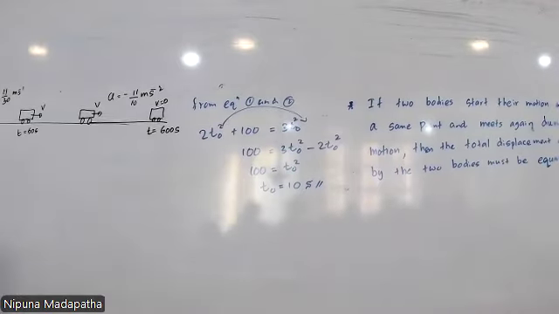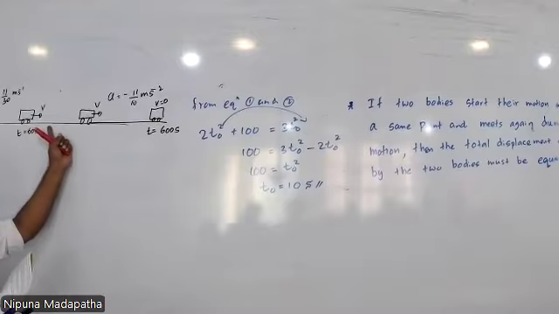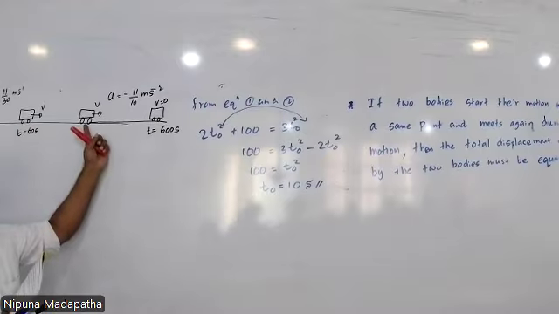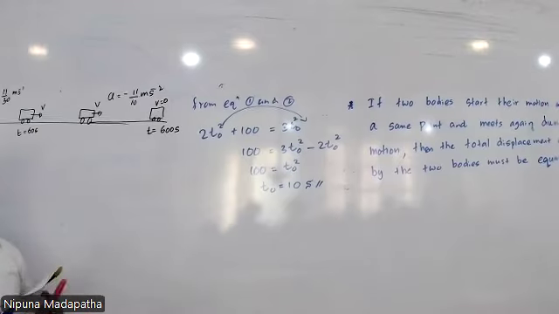Then it accelerates and obtains the maximum velocity here. Then it maintains that velocity for a period. Then it decelerates. So the maximum velocity is at this point.